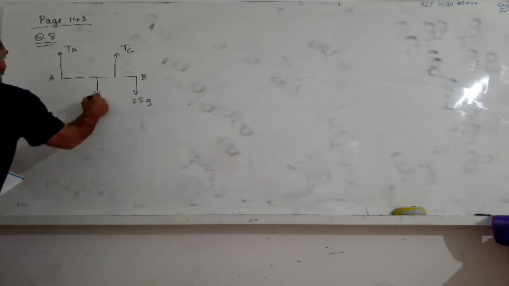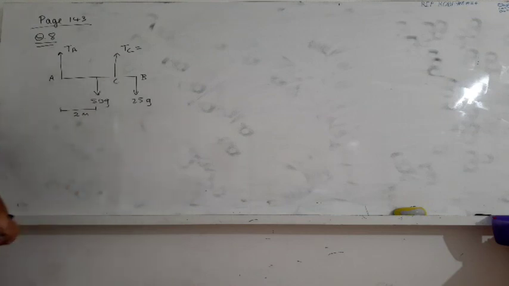And this is point C. Given that the tension in the rope at C is 4 times the tension in the rope at A. This is T, this is 4T. And calculate the distance CB.